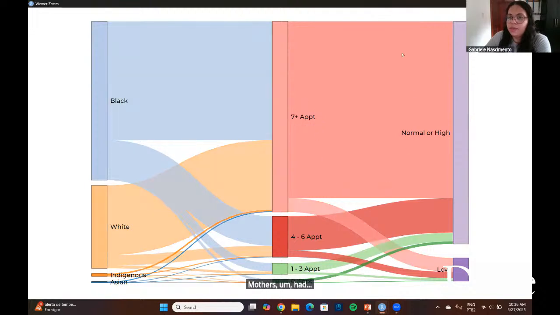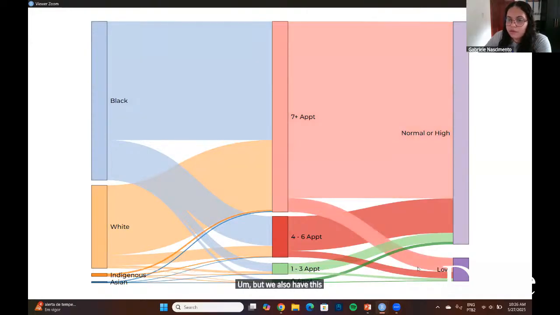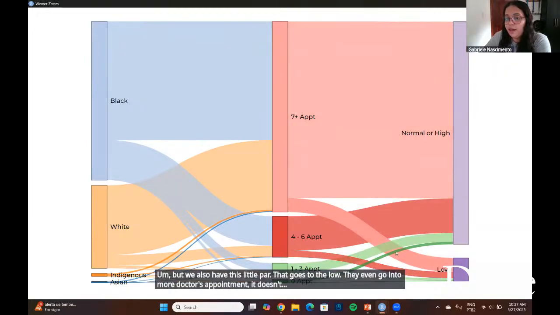And we have the biggest part of this flow going to the normal or high weight. But we also have this little part that goes to the low. Even if they go to more doctor's appointments, it doesn't change the fact that the kid was born with lower weight.